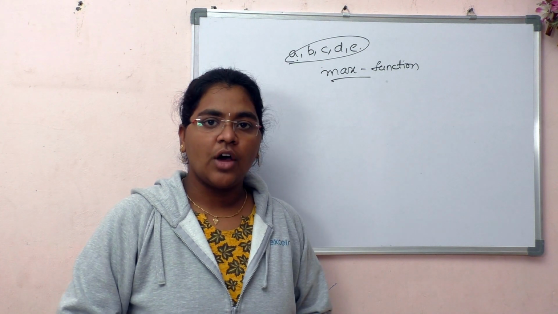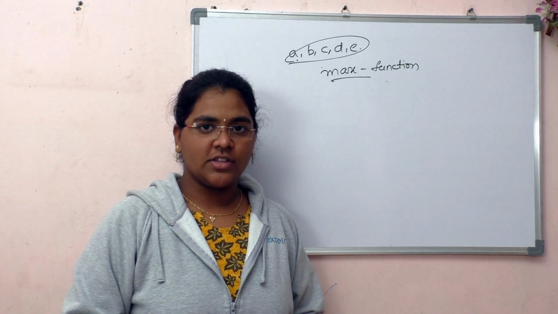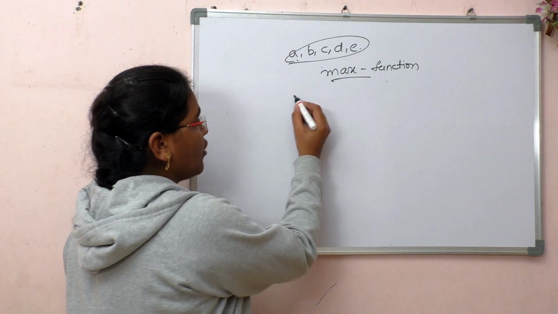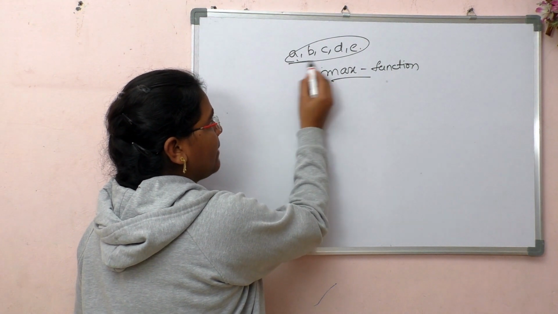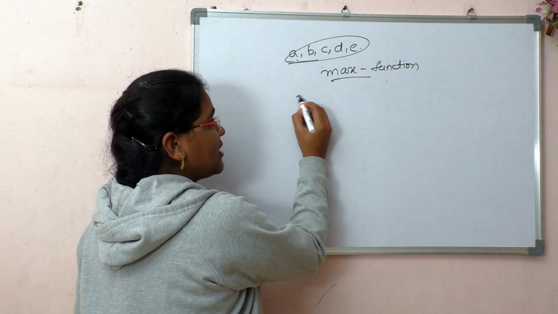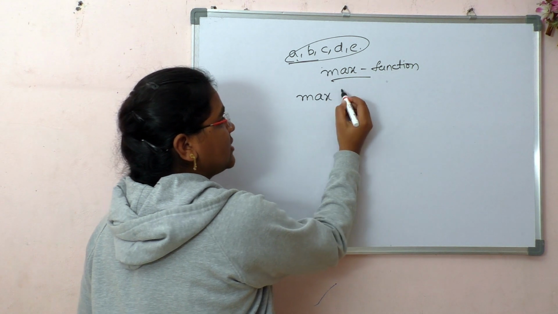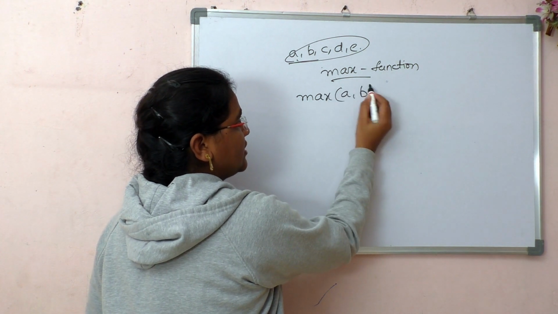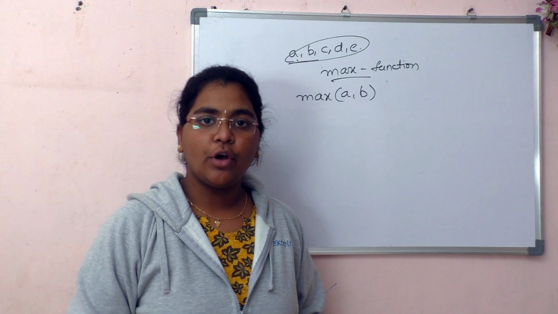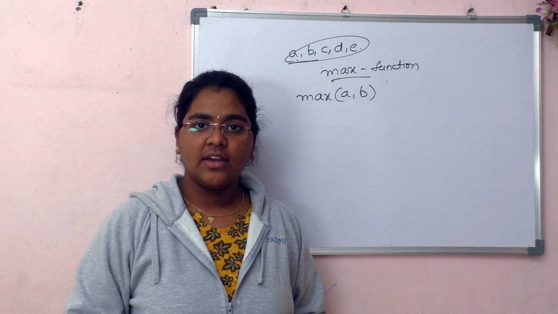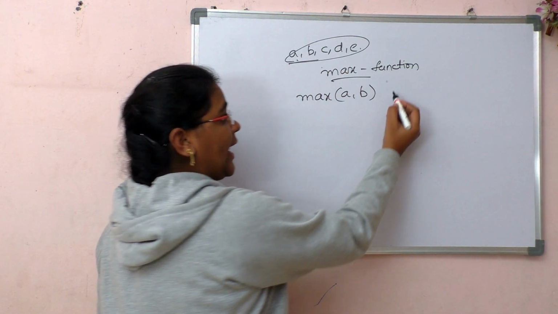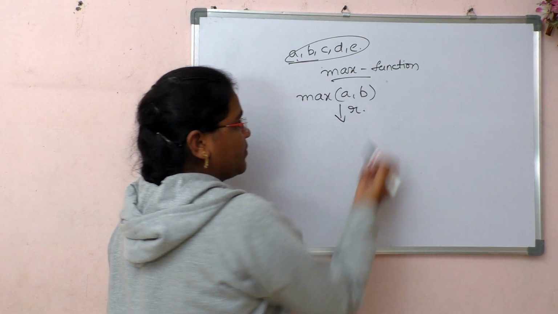Okay? Now we'll explain the logic. For finding the maximum number among 5 integers, first we should compare two integers. The maximum number of the two integers a, b can be stored in the value r.